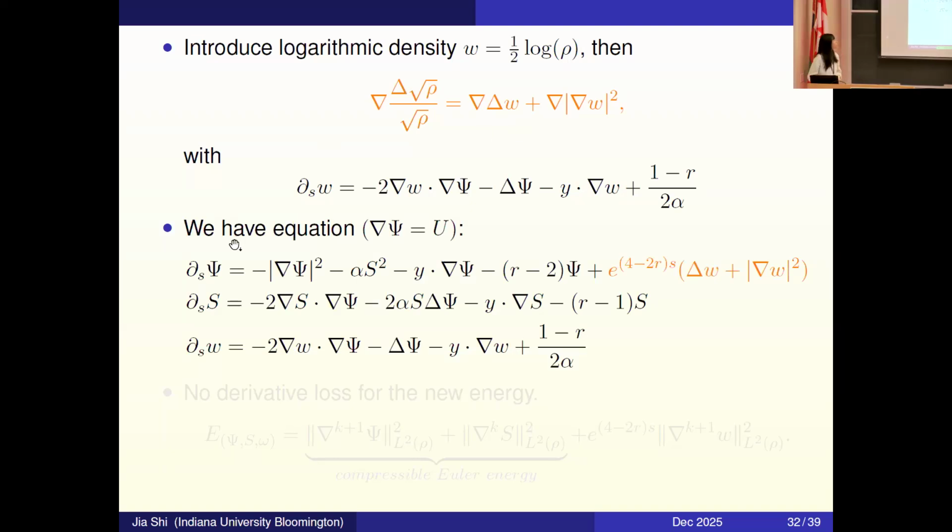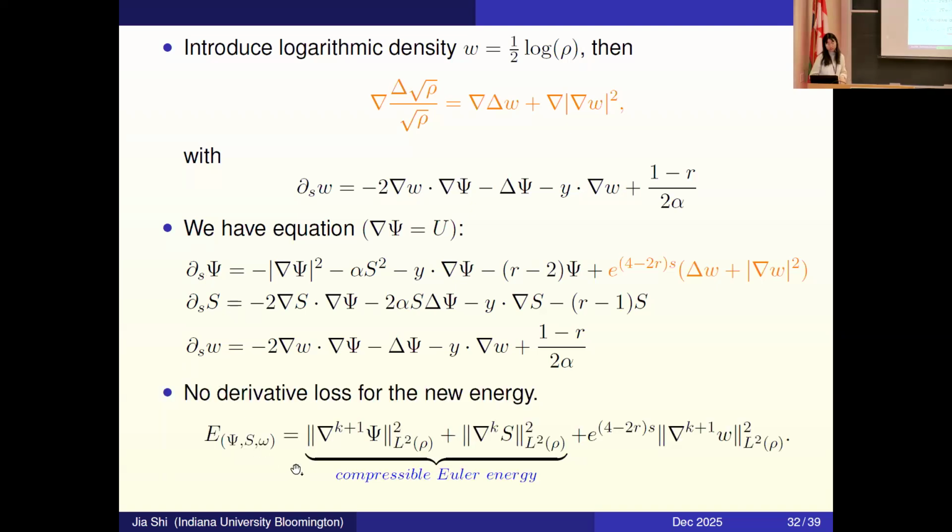And then instead of running 2 equations and finding the energy, you can actually run 3 equations together. You put them as a system, just ignore the fact that S is actually completely determined by W. They are related. But with these 3 equations, there's a natural energy. And for this new energy, there's no loss, but the weight has to be chosen carefully. This rho is the density.